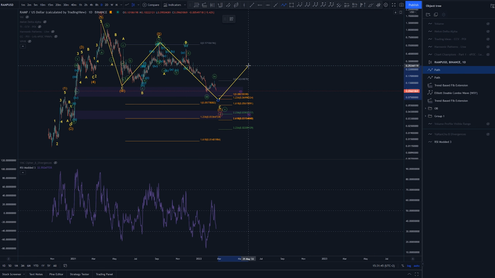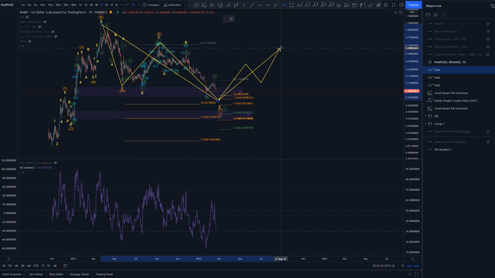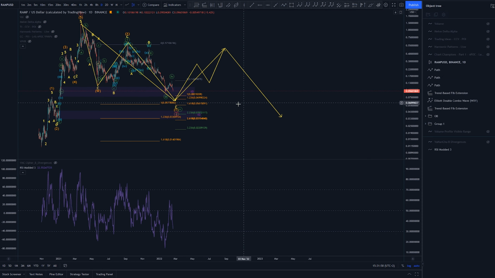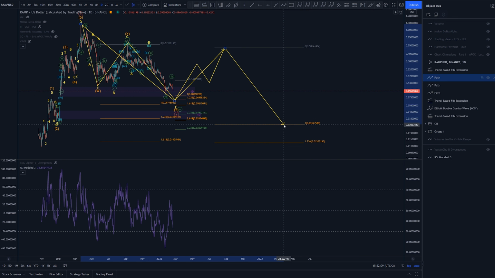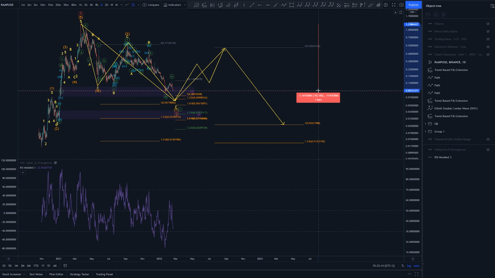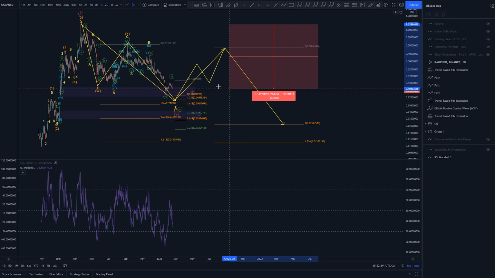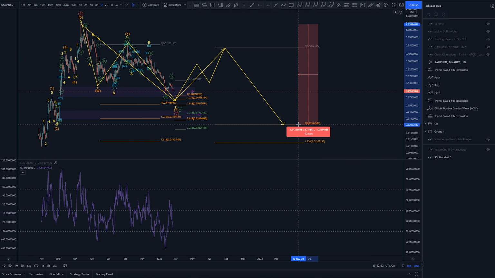Let's say if it just brings us the zigzag here, then that means that more downside is coming, and it would mean this. And at this point it would start to be really scary, because just taking the targets here, 1 to 1 would be down here, and as the price has already gone down 92% to the current one, to the next target here, if we get that 3-wave move, it's 98%.